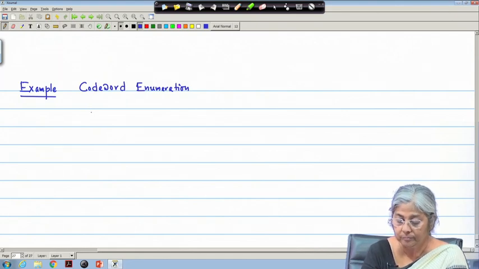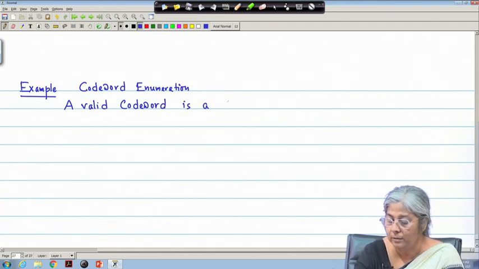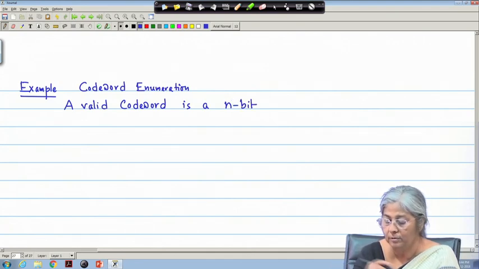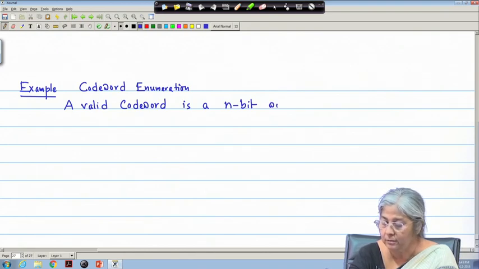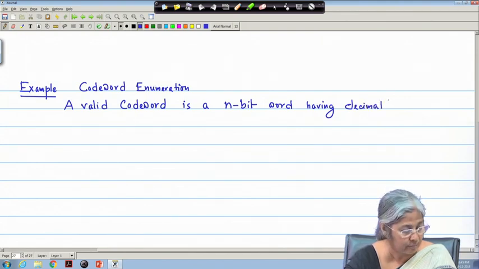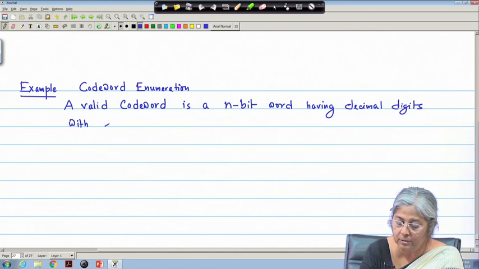See, a valid code word. So, a valid code word is some n bit word having decimal digits with an even number of zeros.